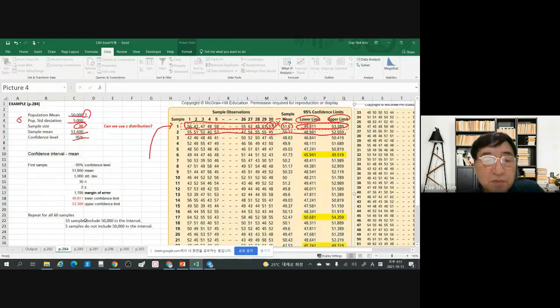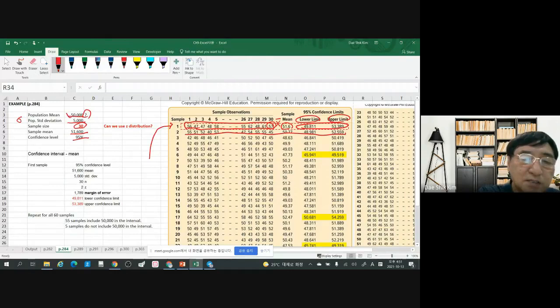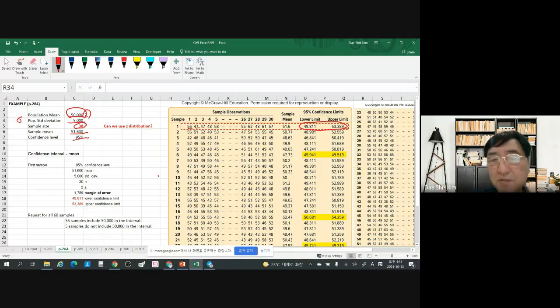Then what will we do? The yellow case. The question is, our population mean is 50,000. 50,000 must be within the interval. The first sample, yes, 50,000 is within here. Okay, good.